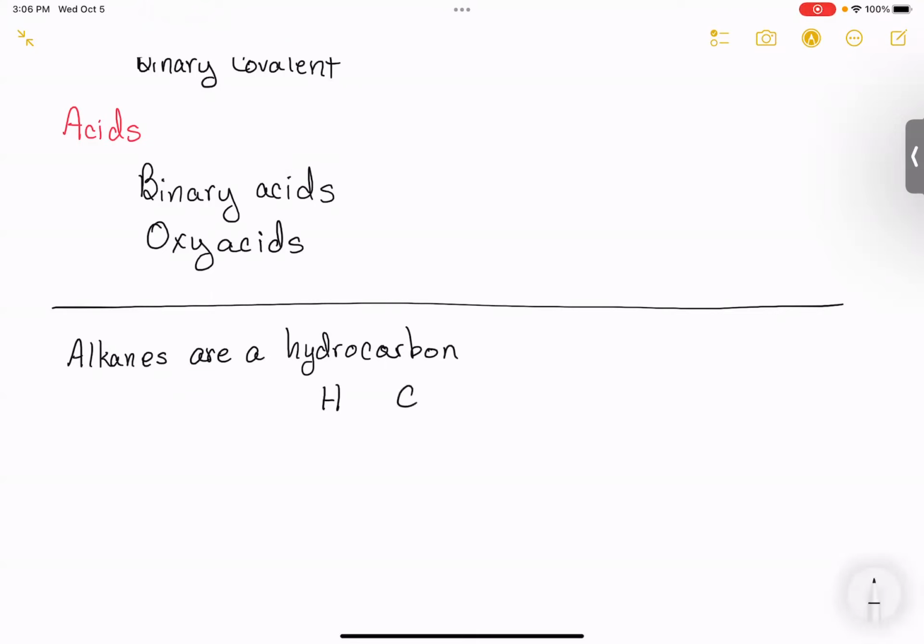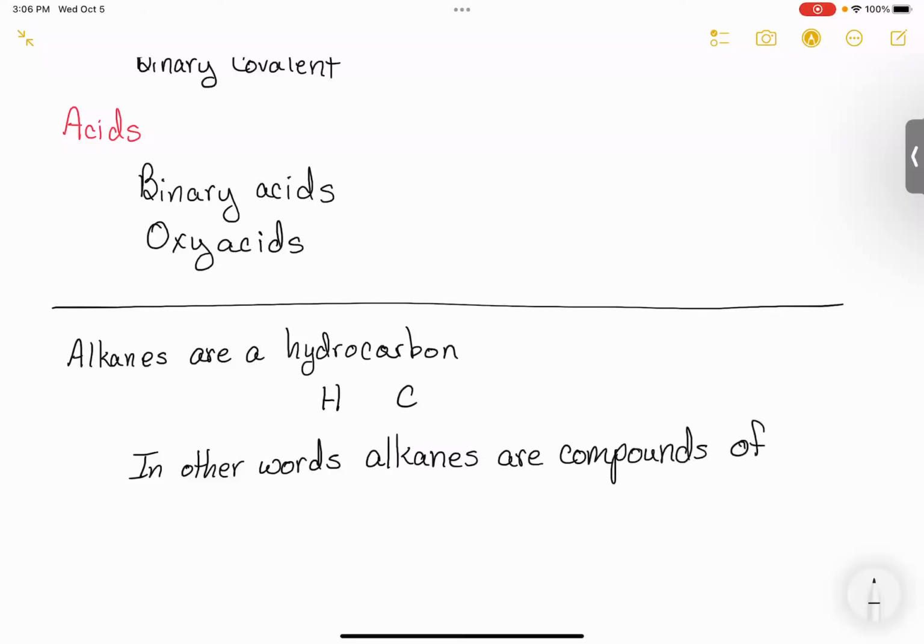So in other words, alkanes are compounds of hydrogen and carbon only.